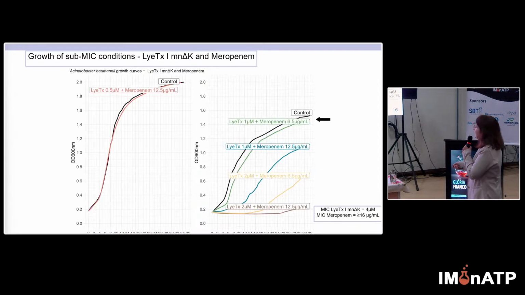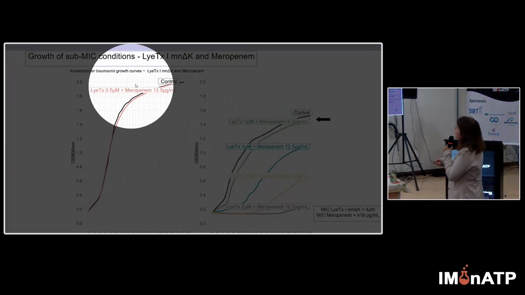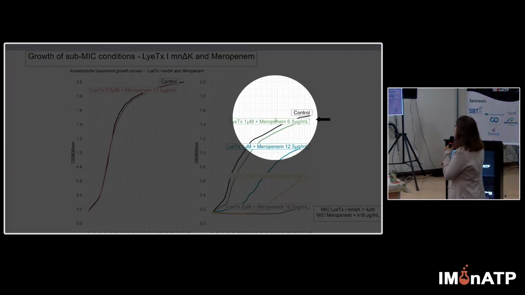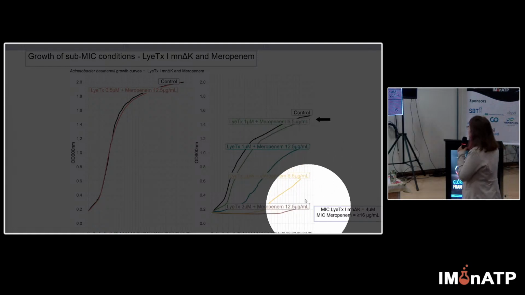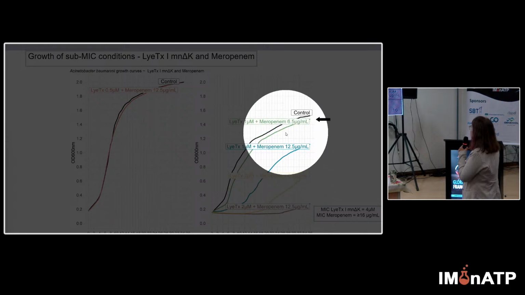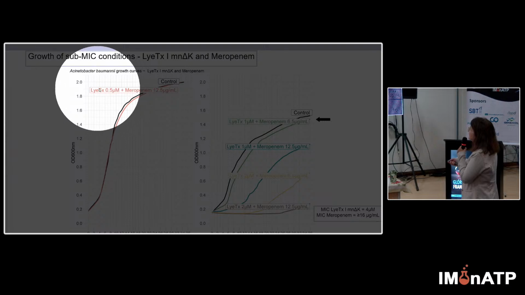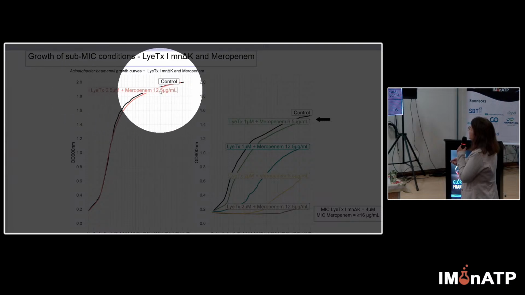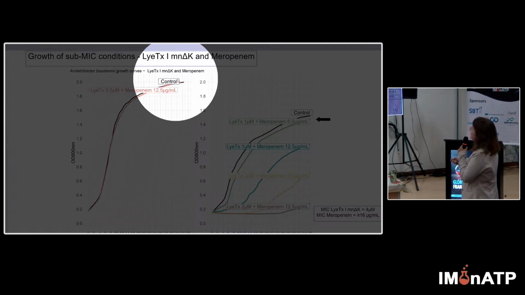And for the synergistic effect, the MIC for meropenem is 16 micrograms per ml. And then we checked 12.5, 6.5, and also different concentrations of the toxin. And then meropenem 12.5 plus 0.5 of the toxin was very similar to the control.